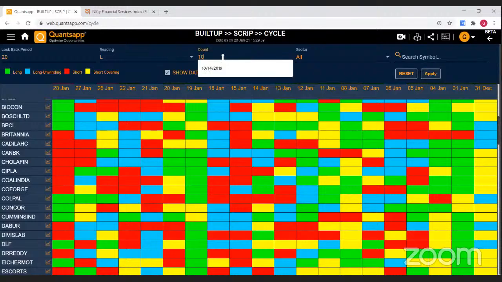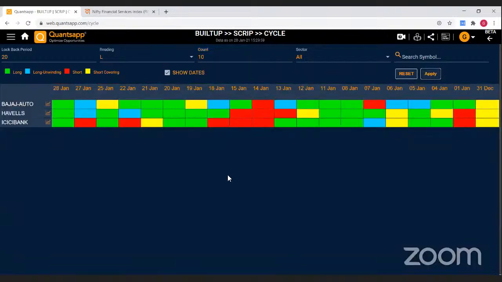So let's take 10 times. In the last 10 days I can see only 3 stocks which were in the long. So in this whole month, Bajaj Auto, Havells and ICICI Bank are the only stocks with long build-up 10 times in the last 20 days.